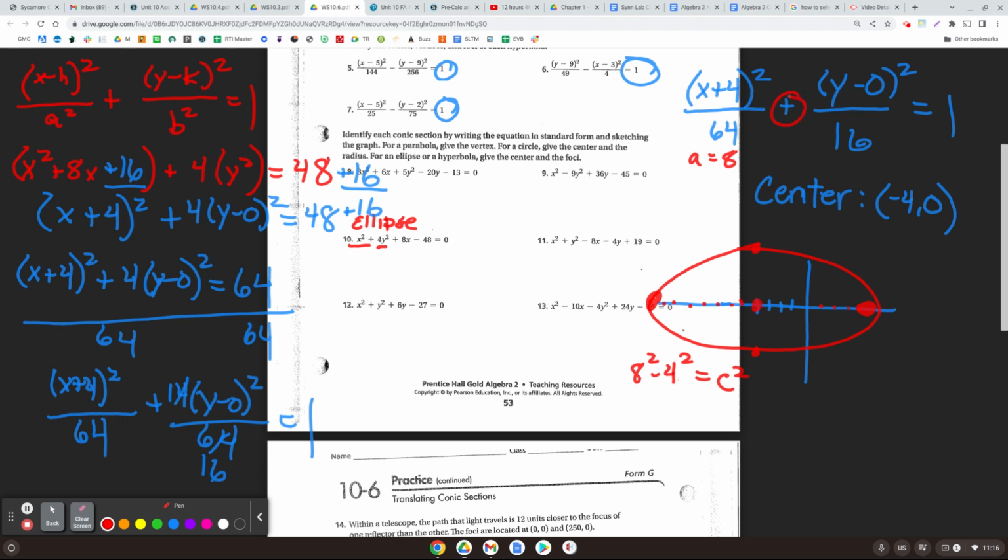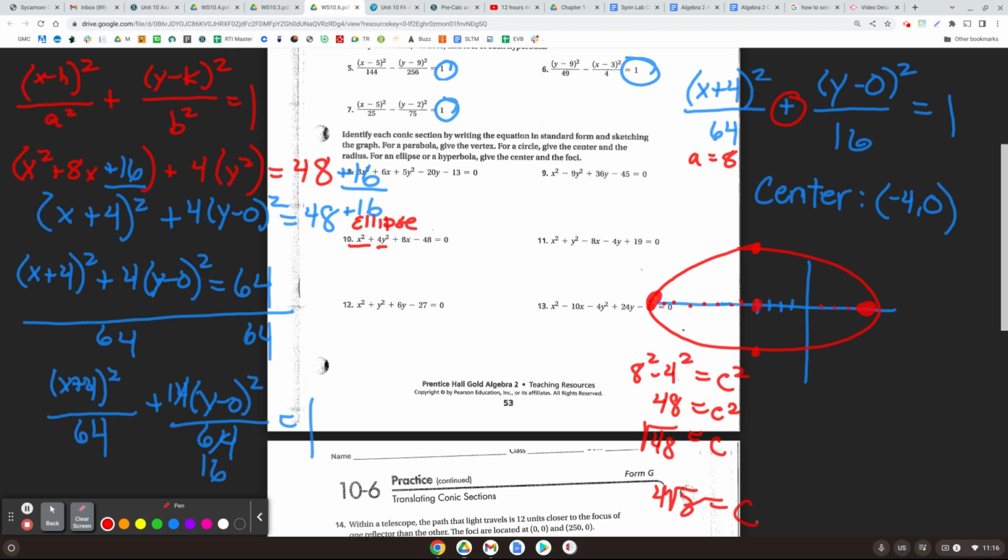So that's 64 minus 16, which is 48. So c is radical 48, which is, I don't know. Let's see. That's 4 radical 3.